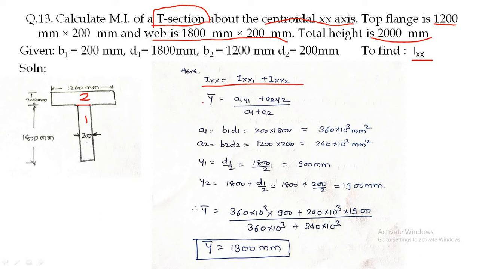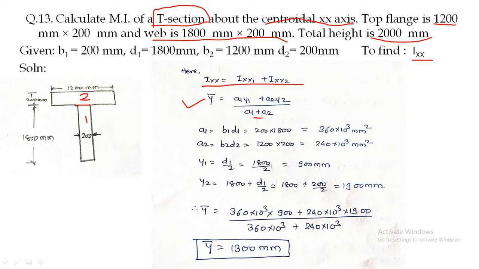Now, as we did in our last examples, first we have to find the y bar. So y bar is a1 y1 plus a2 y2 upon a1 plus a2. Remember, again I am telling you, when one plane is added to another plane, then we use the plus sign.